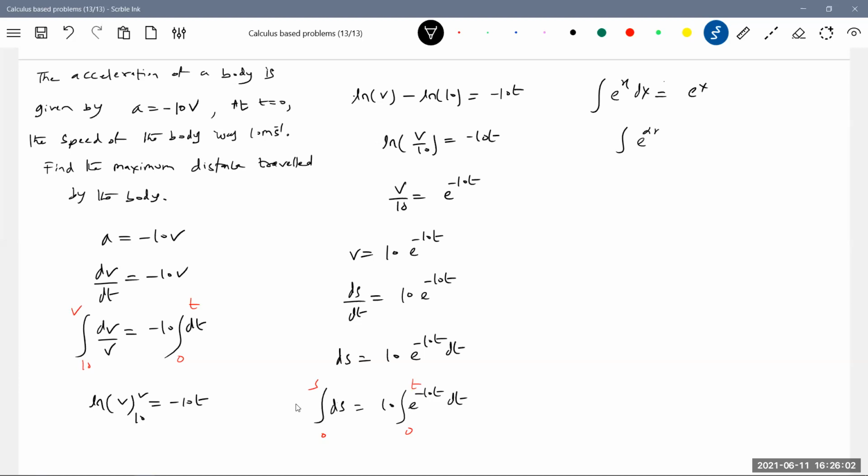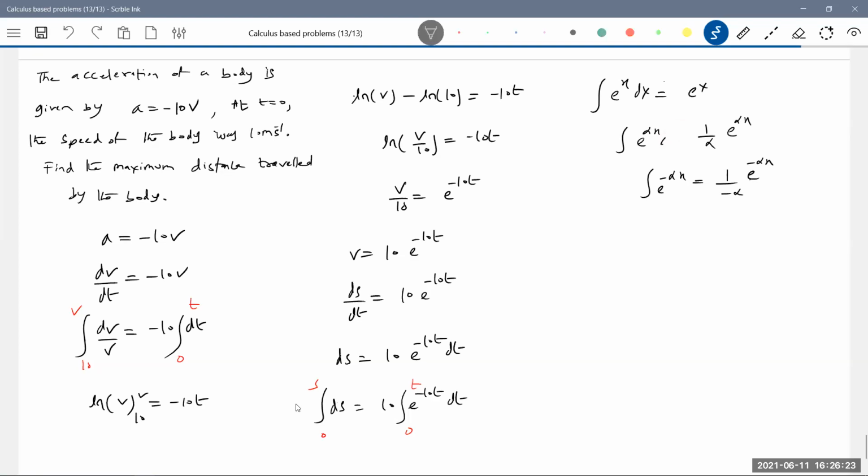E to power of alpha x will be 1 by alpha e to power of alpha x. E to power of minus alpha x should be minus 1 by alpha e to power of minus alpha x. Why is it so? The area under the curve is what? The integration means that. Dx is missing, I'll add dx.